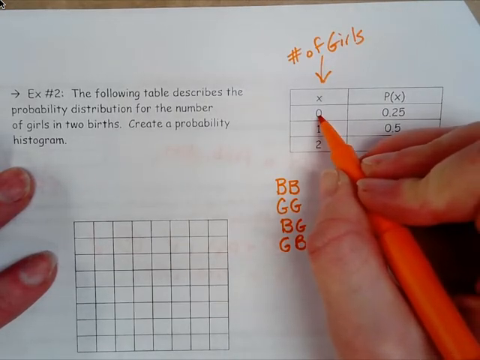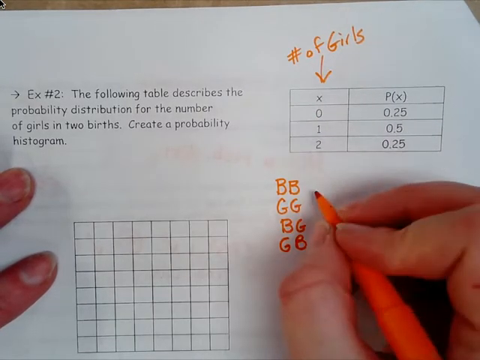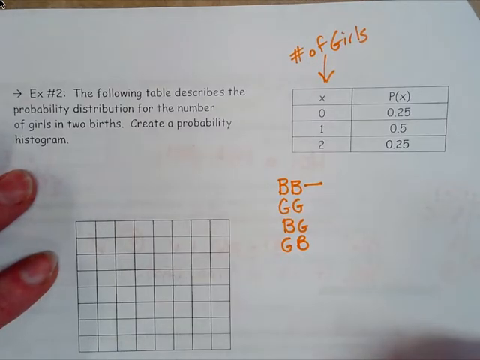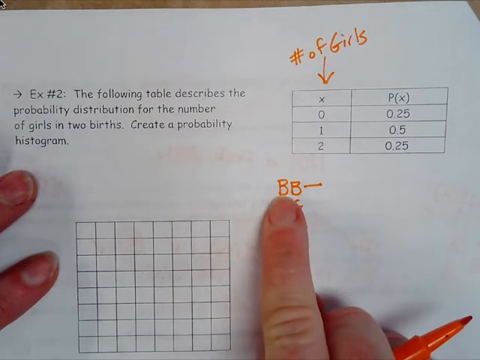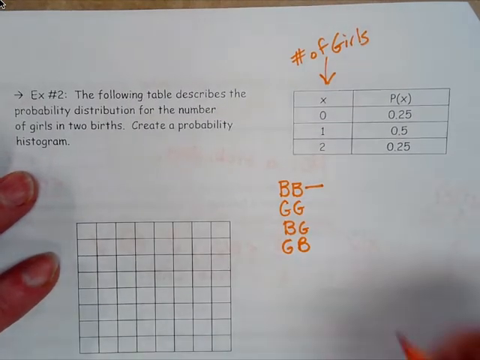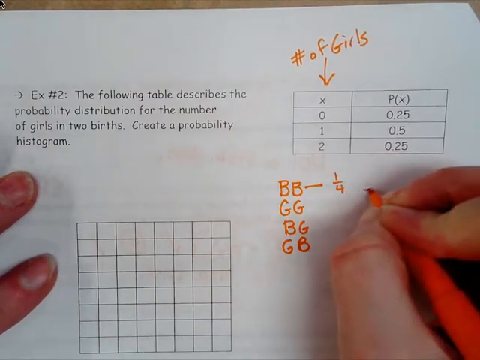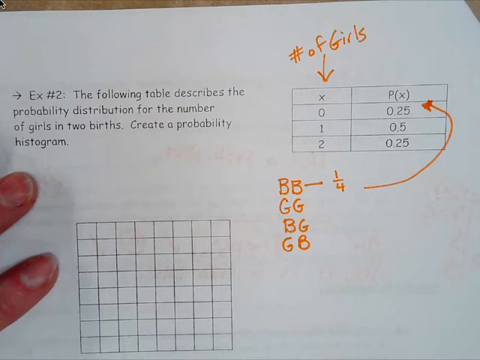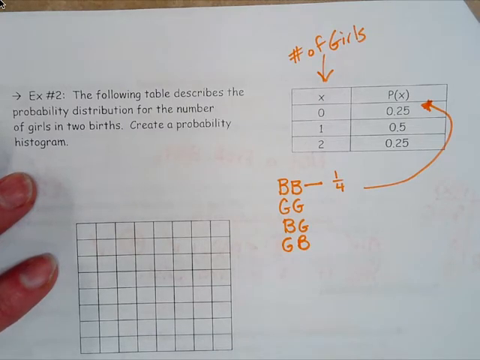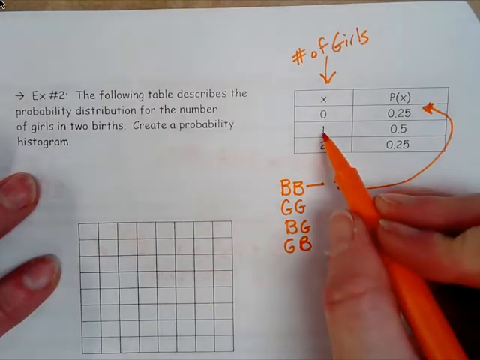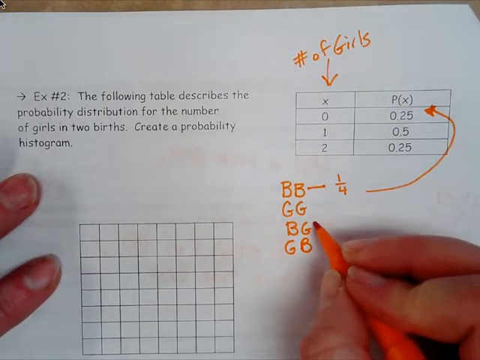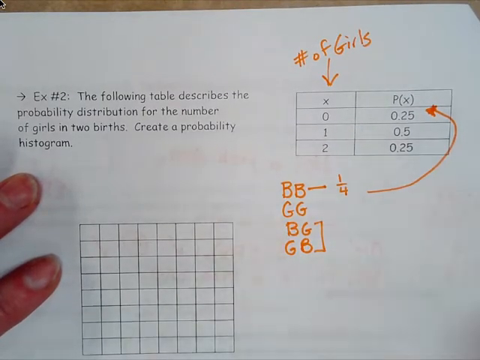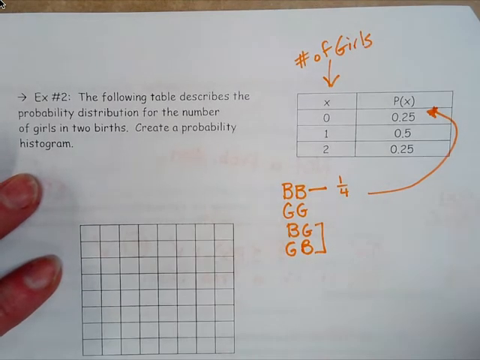The probability of getting 0 girls would be just getting a boy, boy. So the probability of getting boy, boy is 1 out of the 4. So that is where the 0.25 comes from. And then the probability of getting 1 girl, either having a boy, girl or girl, boy, that's getting 1 girl.